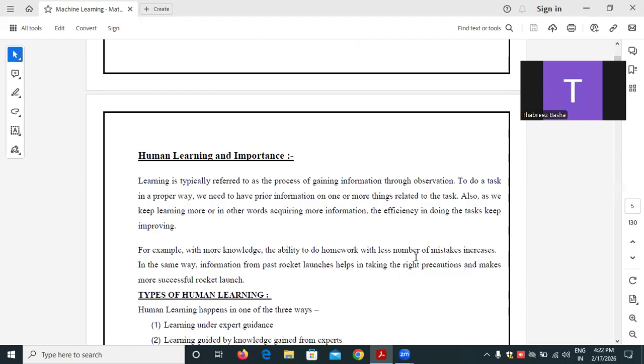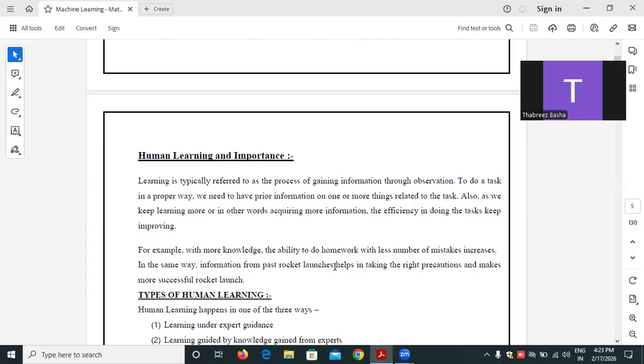In human learning, humans learn from different types of devices, persons, and things. Human learning is one of the best activities suitable for machine learning. We can take another example: the ability to do homework with fewer mistakes increases.